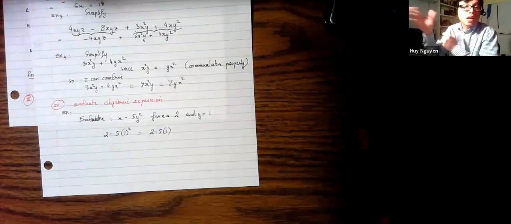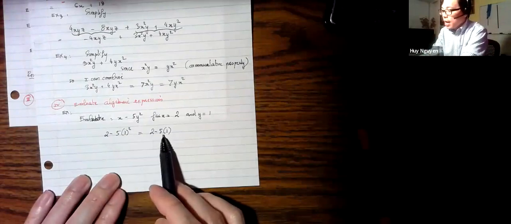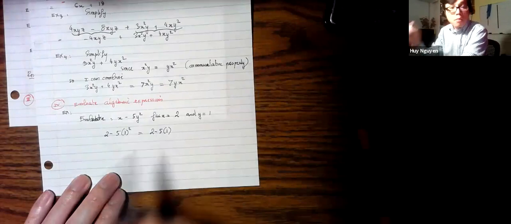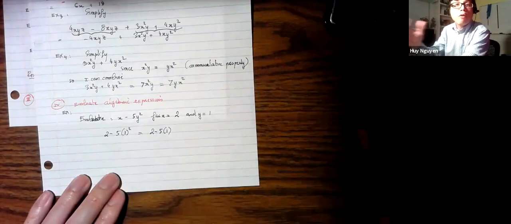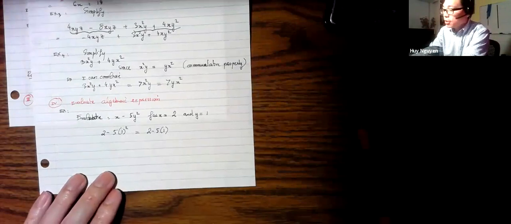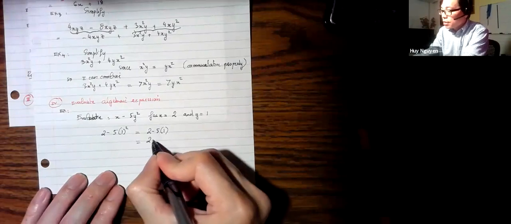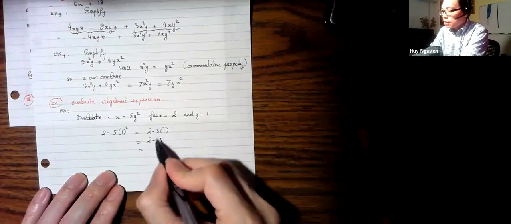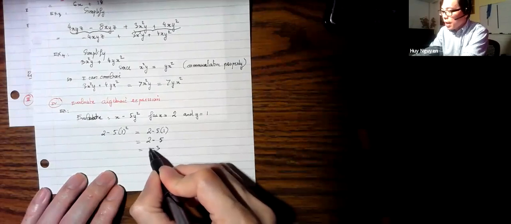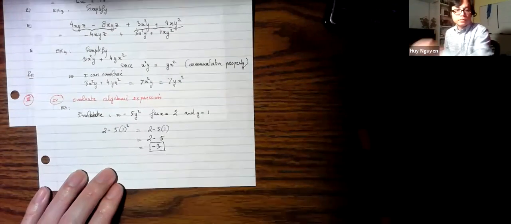PEMDAS, parentheses, exponent. Then 5 times 1, multiplication goes before subtraction. So it becomes 2 minus 5 times 1 is 5. Then 2 minus 5 is -3 as the final answer.